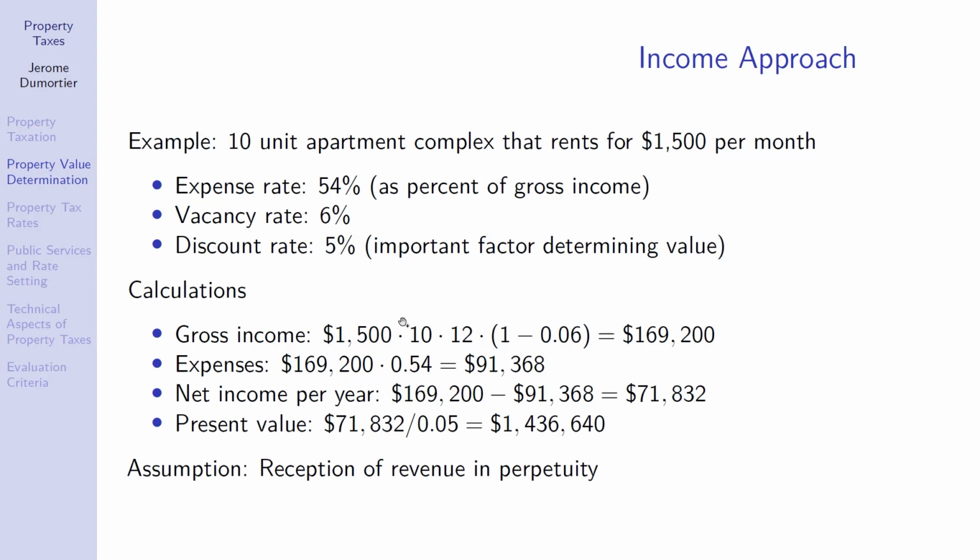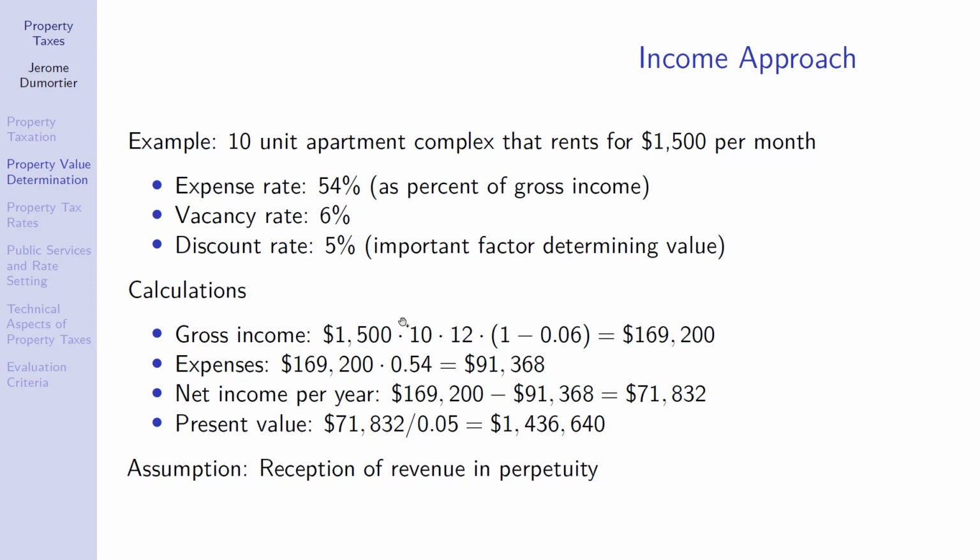The expense rate is that about 54% of gross income goes for expenses, for example, maintenance and repair, and that on average you have about a 6% vacancy rate. Also here, and this is very important, we have to set the discount rate, and let's assume that here we are setting this discount rate to 5%.